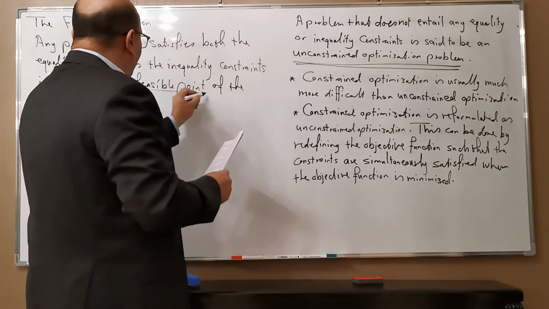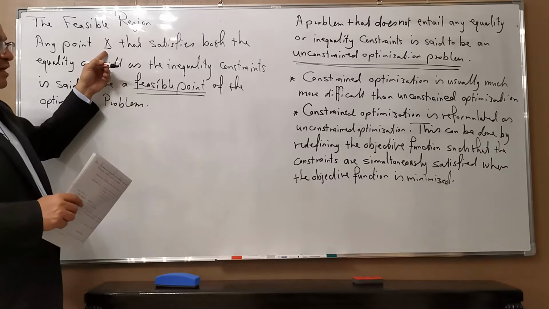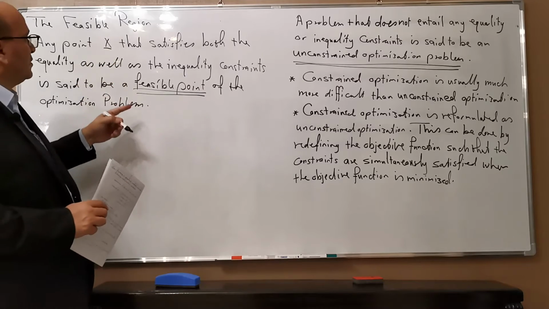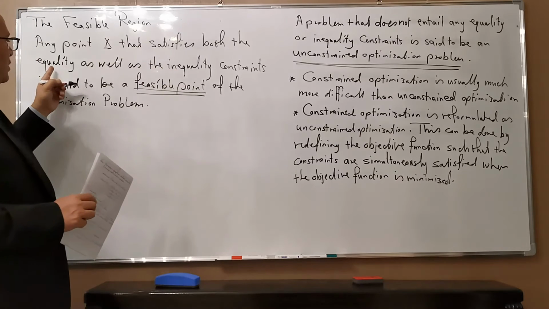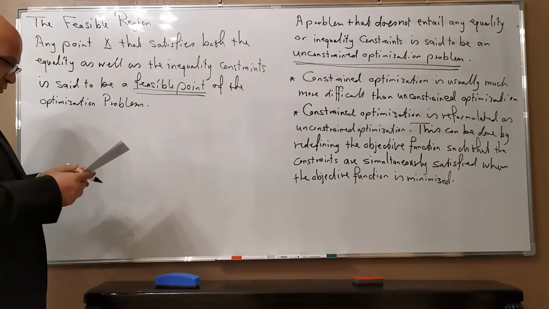So we call it a feasible point. So any point in the nth Euclidean space, x, that satisfies both equality and inequality constraints, we call it a feasible point.